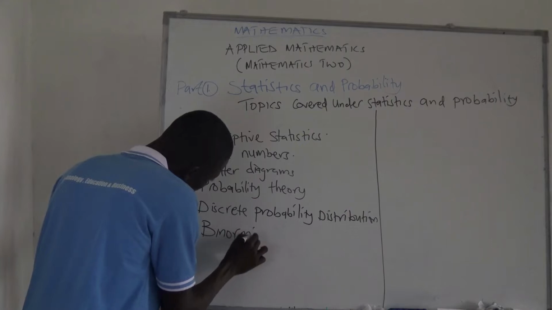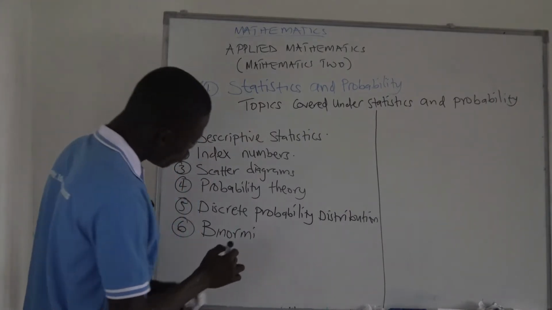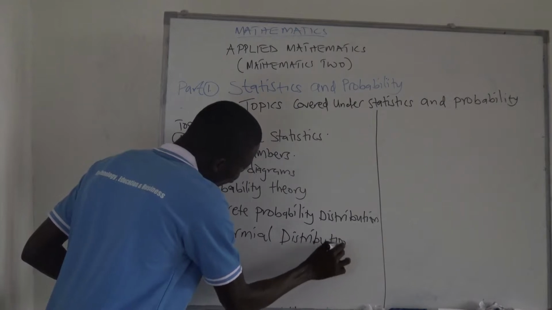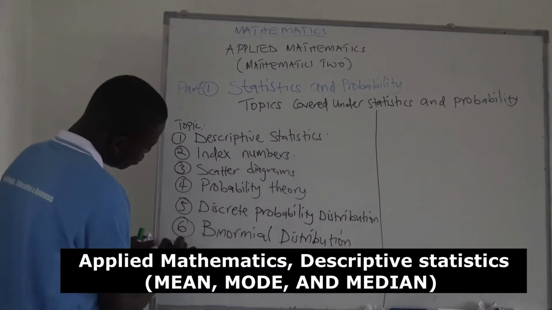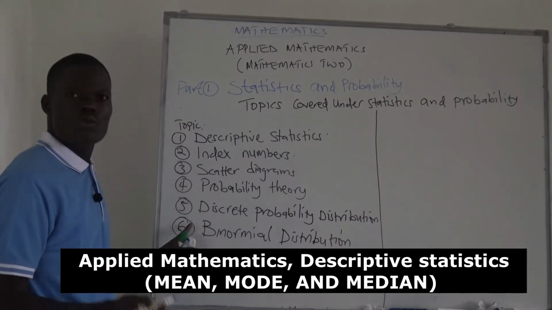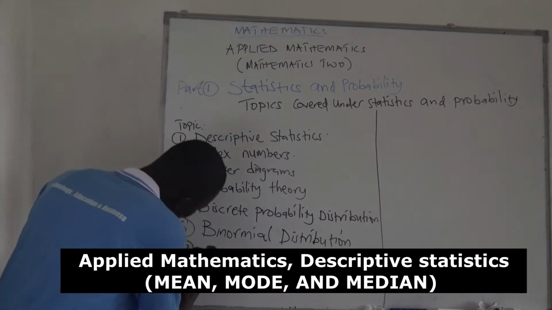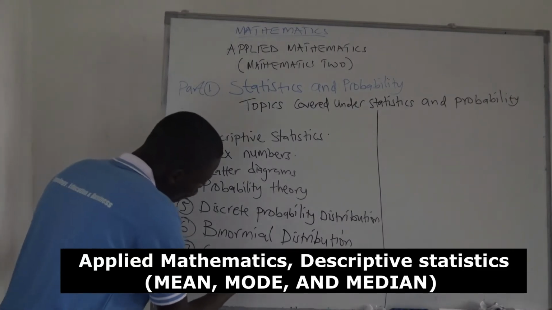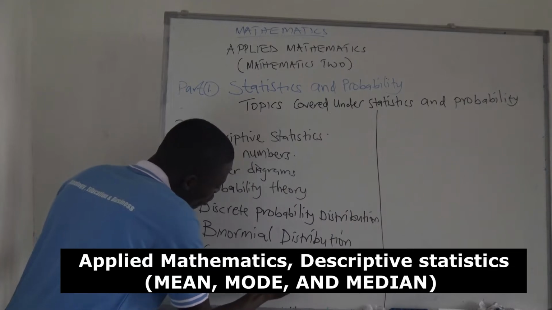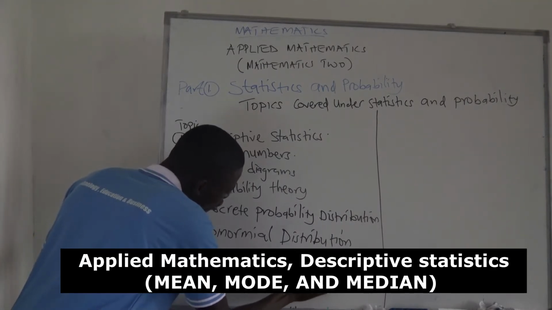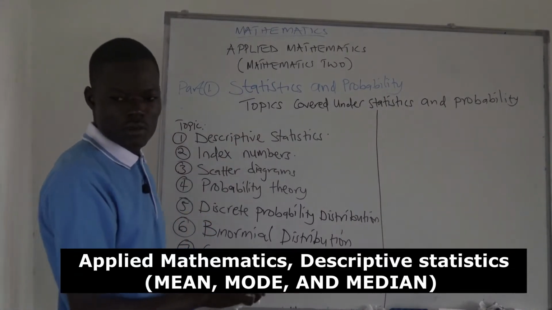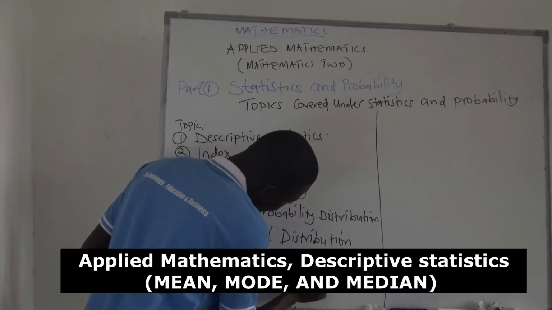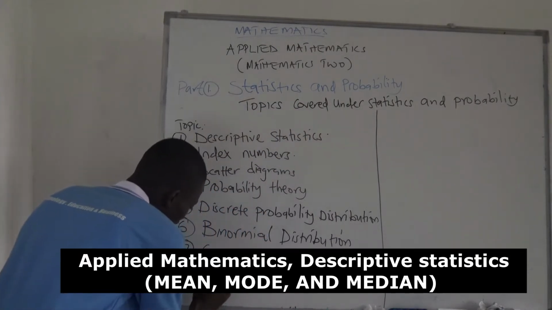After binomial distribution, the seventh one will look at what we are calling continuous random variables.